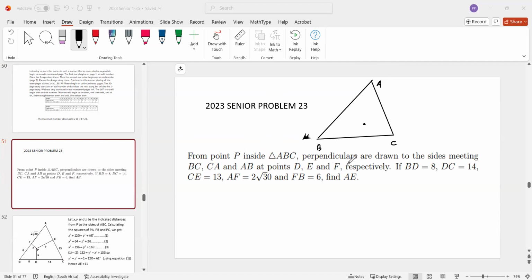And from this point P, perpendiculars are drawn to the sides. Okay, so from P, I'm going to draw perpendiculars. There'll be 3 perpendiculars. Another one. Okay, let me just indicate that they are perpendiculars.